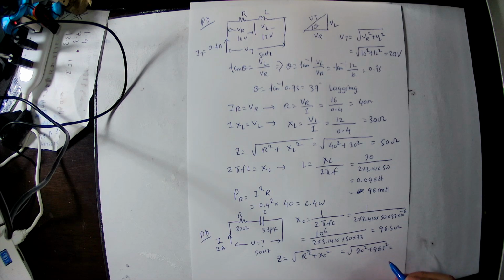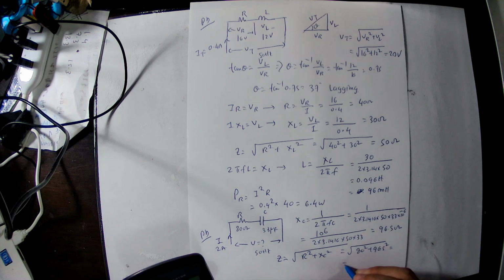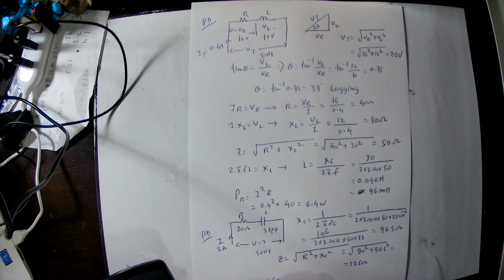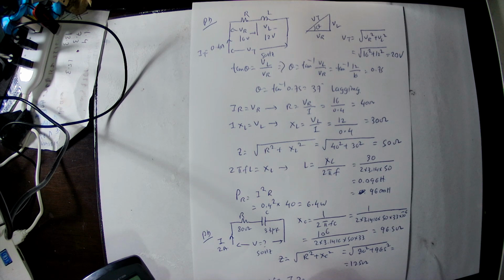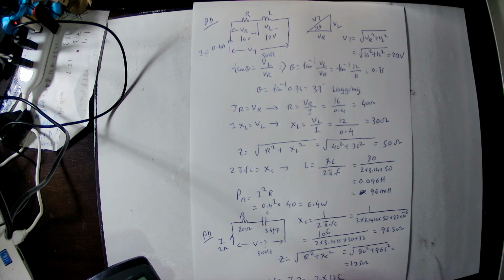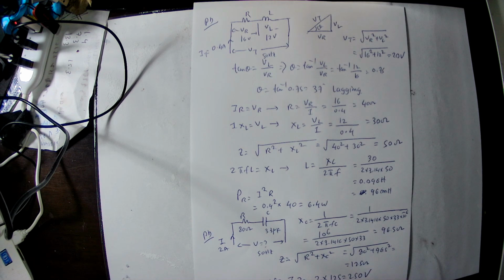Then we can calculate the square root, and this is 125 ohm. And voltage we can calculate as I multiplied by Z. So I is 2 ampere, impedance is 125, so you get 250 volt. Voltage is 250 volt, we can calculate.